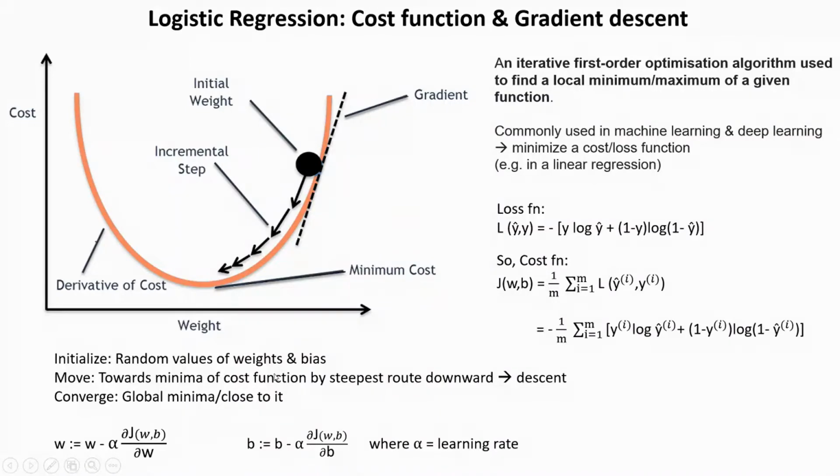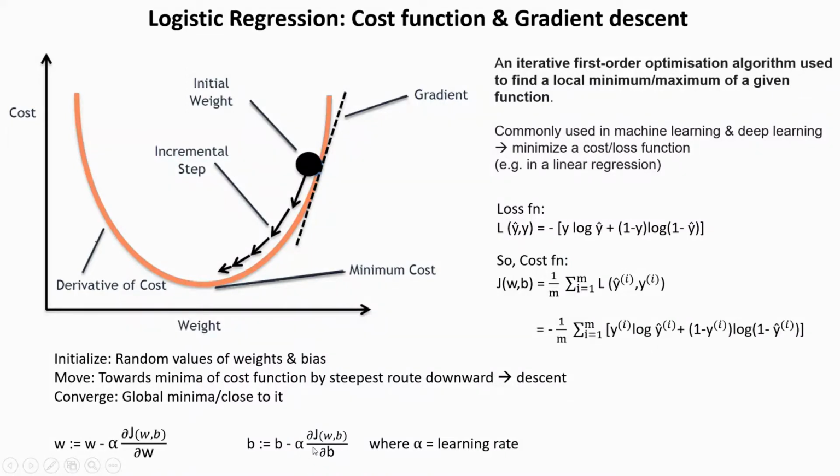So if you are modifying the weight, for example, then if it is somewhere here, then your slope is a negative value. If your slope is a negative value and there is this minus sign, so essentially you are adding this value to the old weight. So basically you are moving forward.